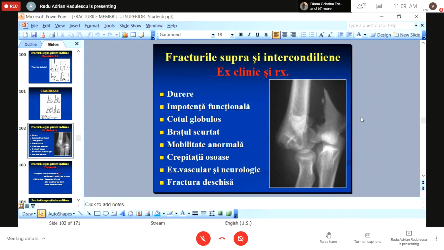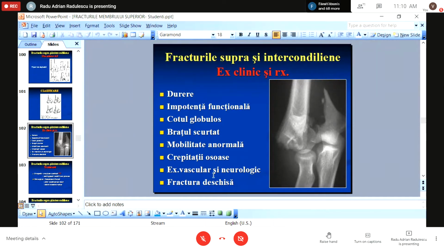The elbow will have abnormal mobility, meaning that the elbow is a joint that allows only flexion and extension. In this case, the elbow will also allow valgus and varus movements, which are abnormal. These are due to the presence of these fractures, of this supra and intercondylar fracture.